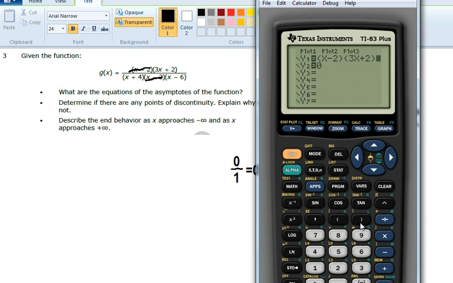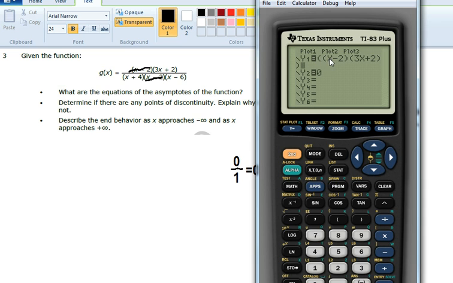Now I wrote it like this on purpose because a lot of people are going to put divided by and then write all these factors in the denominator, and they're going to get it wrong. This needs to have parentheses around it. Anytime you have more than one thing in the numerator or the denominator, you need to put parentheses around the entire thing.